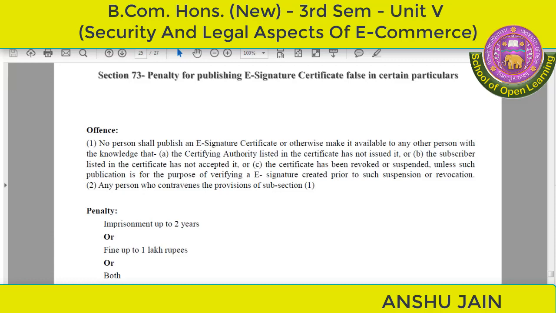Any person who contravenes the provisions of sub-section 1 of section 73 will be liable for imprisonment up to 2 years or a fine up to 1 lakh rupees or both.